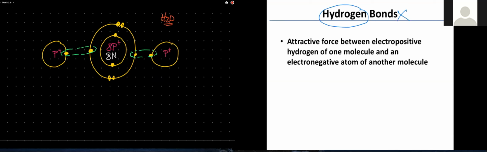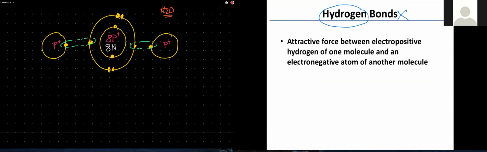So what is the atomic mass of the oxygen? What is the mass number for oxygen? 8 plus 8, it's 16.